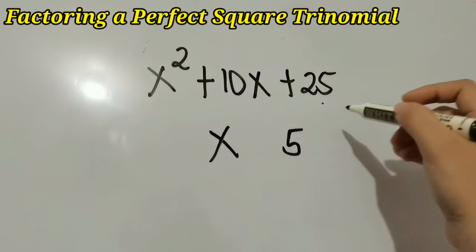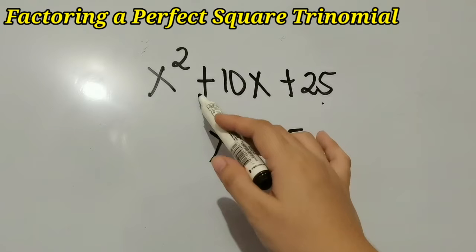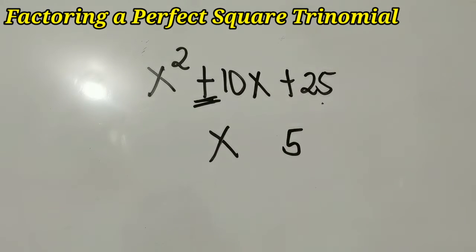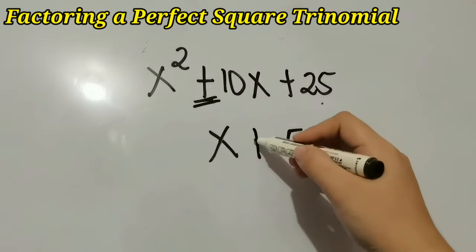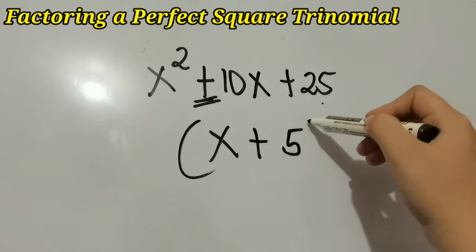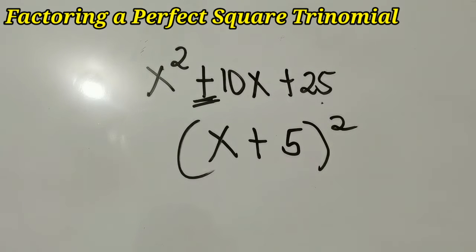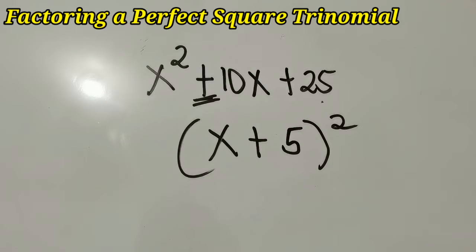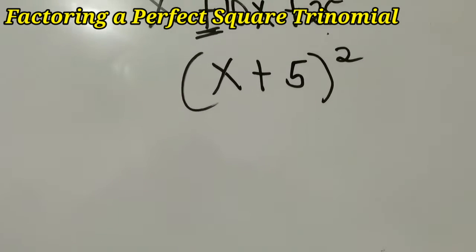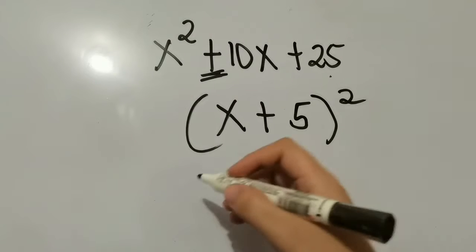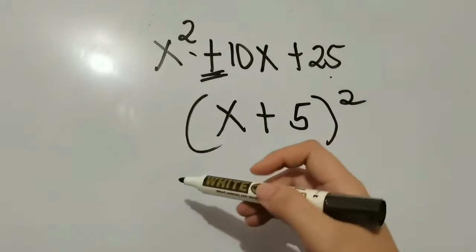And then, since the middle term is positive, let us use a positive sign. And then square this one. Okay, so we have x plus 5 squared. Let us now check if these binomials are the factors of this one.